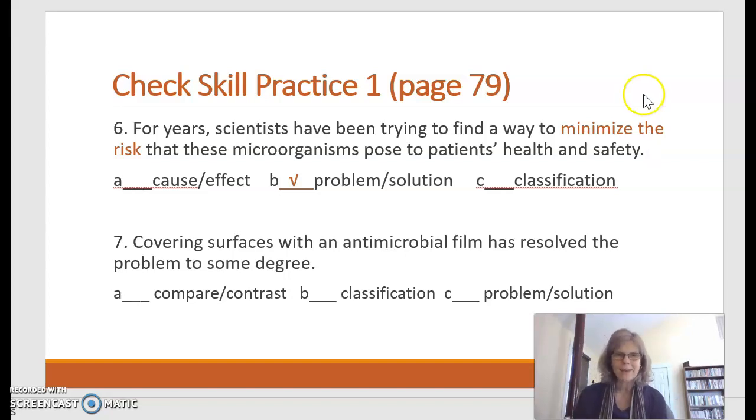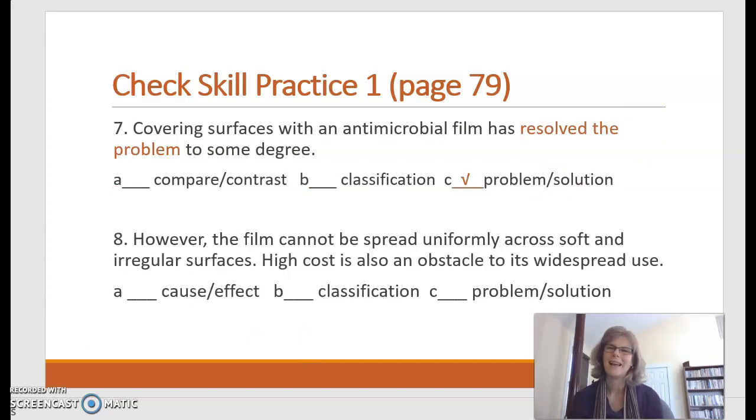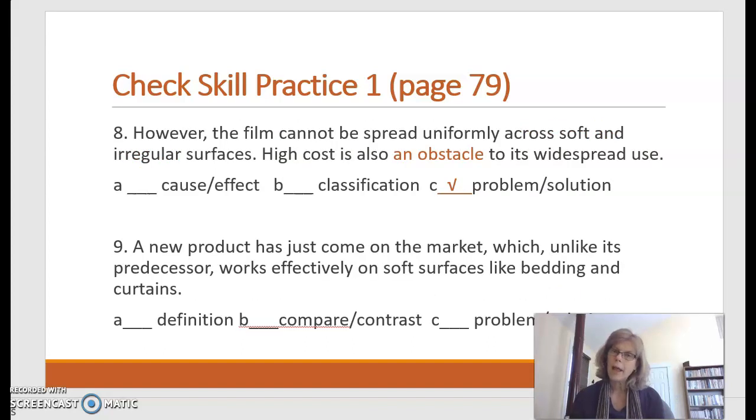And number 7, what's the signal word? I do see the word resolved. Resolved the problem. So it's definitely bringing us to more problem and solution. Number 8's a little different. For number 8, it's looking at an obstacle. They're using lots of synonyms for the word problem.